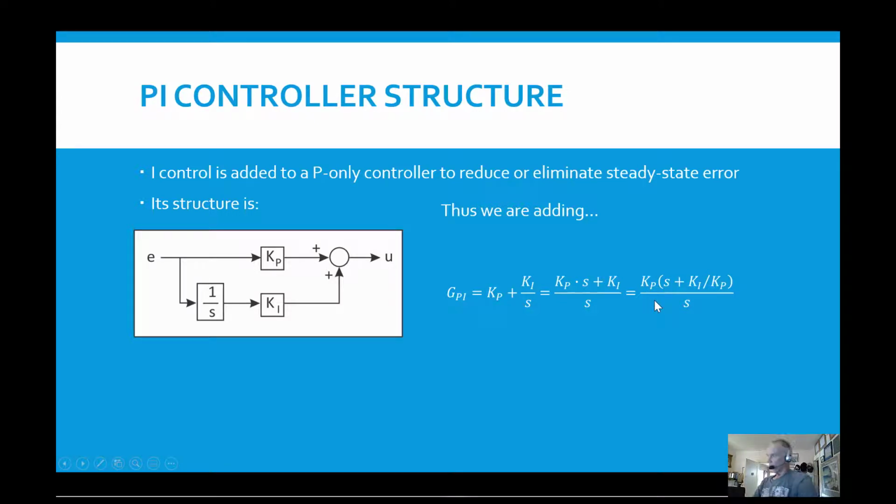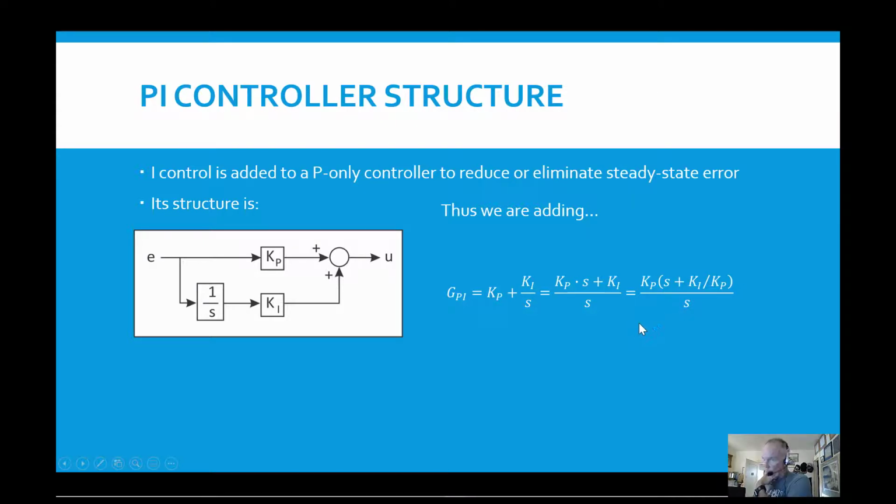What you can see here is what we have added to the system. Remember, the controller is just being put onto the entire system. What we have added is a pole at the origin. That's the S there in the denominator.